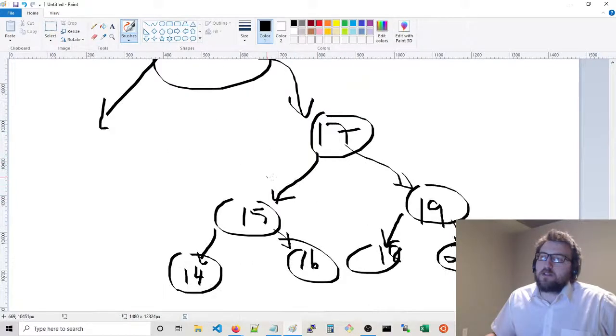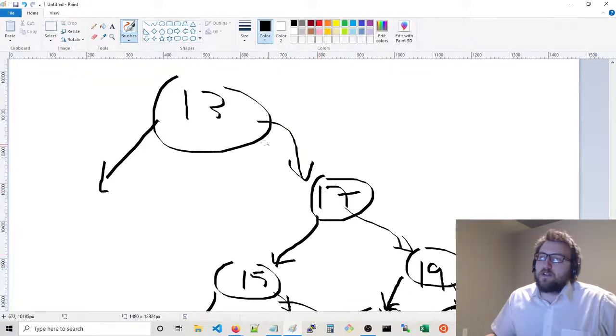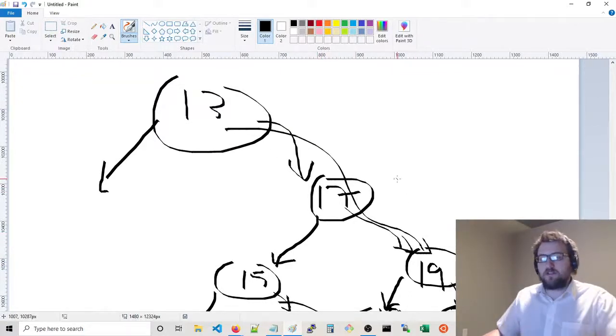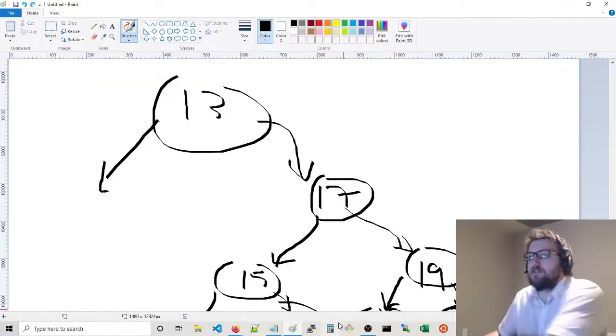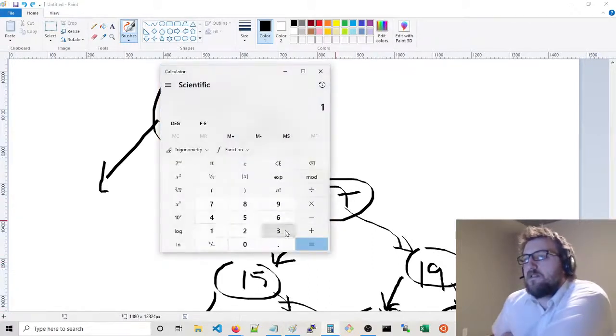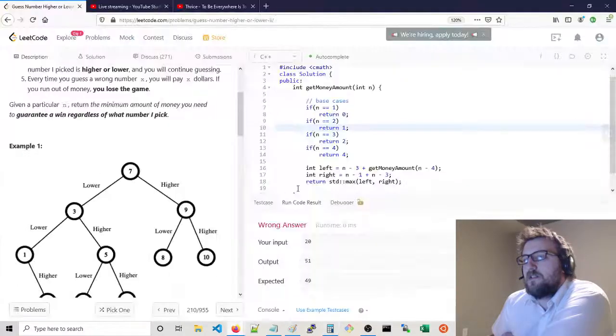But that's where things get interesting, I think. And if you do it this way, then the worst possible looks like this, which is 13, 17, 19, which is 49. Which is expected, right? Okay, there you go.